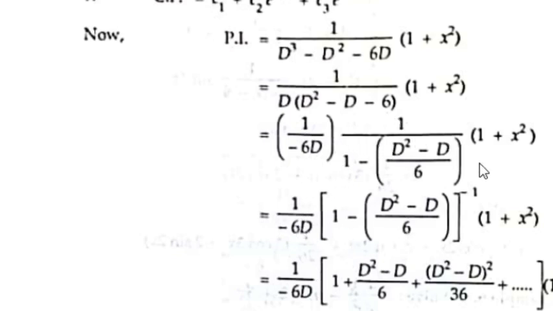Now bring this term in the numerator. This gives [1 - (D^2 - D)/6]^(-1) into (1 + x^2).